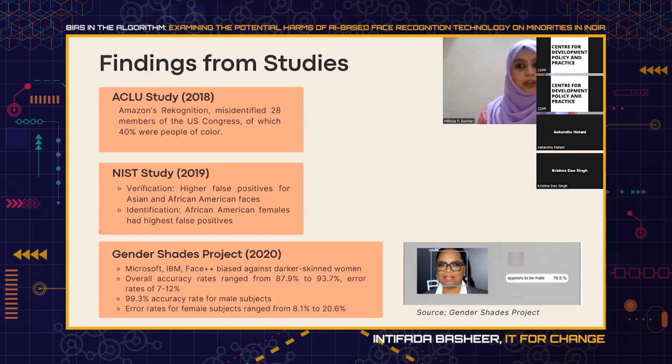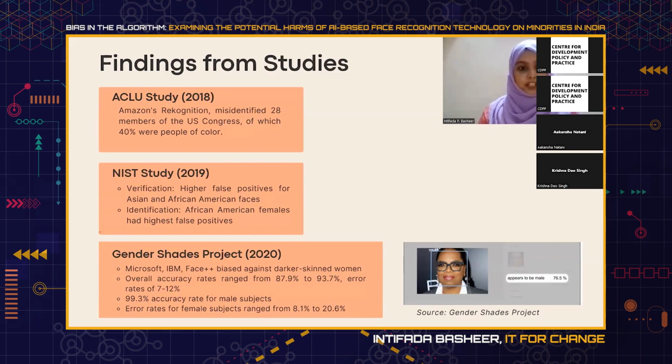It tried to identify how these algorithms perform on two tasks, that is verification and identification. And what it found was that there were higher false positives for Asian and African American faces. And the last study, which has been a breakthrough study of sorts, called the Gender Shades Project, was conducted by MIT's Media Lab in 2020.